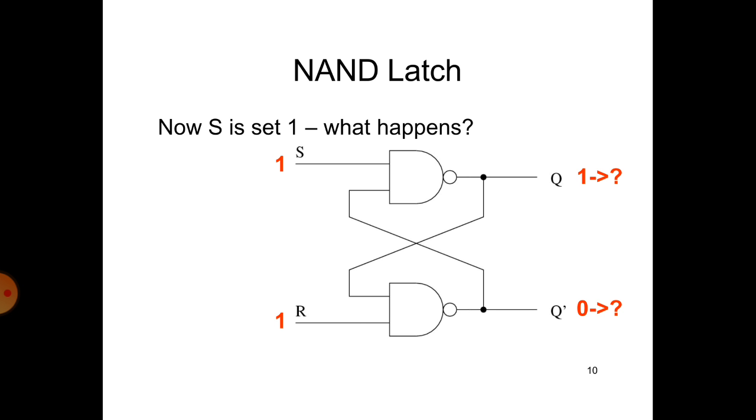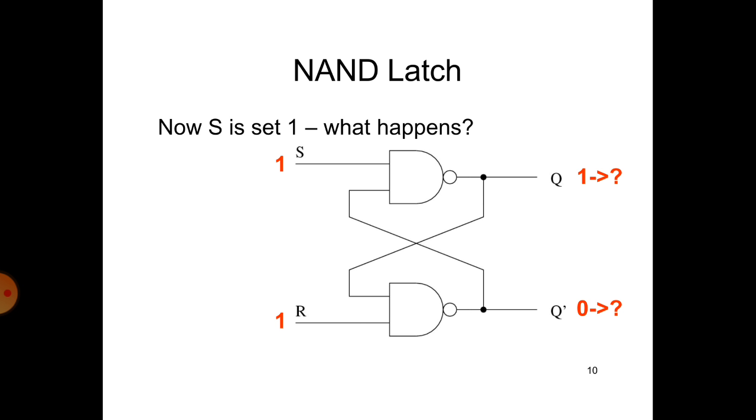If S is 1 the output will be high, and if S is 0 the output is 0. It means S equal to 1 gives the set state. So SR means set-reset flip-flop. S equal to 1 means set state, and 0 means reset state.